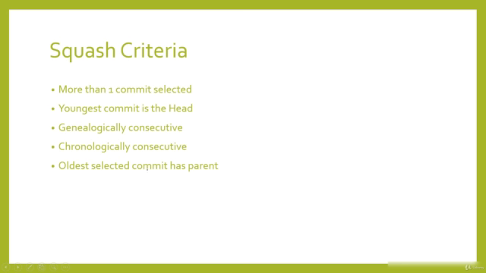So let's go back to GitKraken and see if we qualify for all these 5 criteria. If we look at our changes, we have the youngest commit and the head is pointing towards this youngest commit. The commits are chronologically consecutive and genealogically consecutive also. And this is the oldest commit, and it has a parent, which is this one. So I select all these commits, all 4.